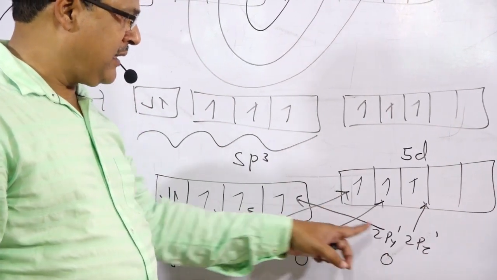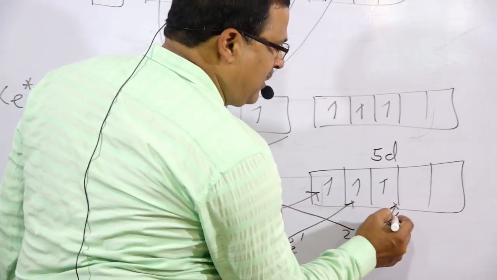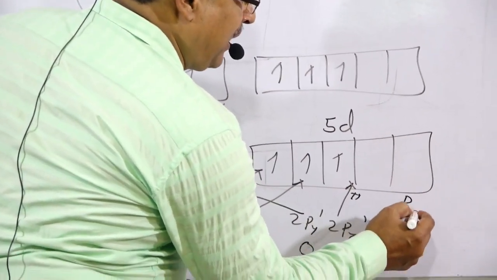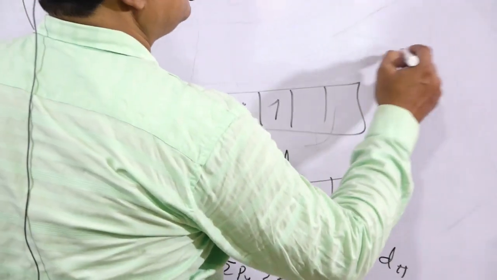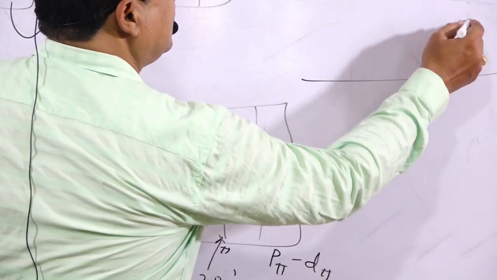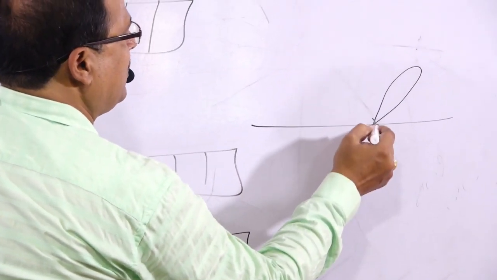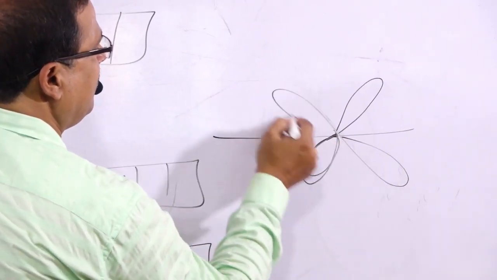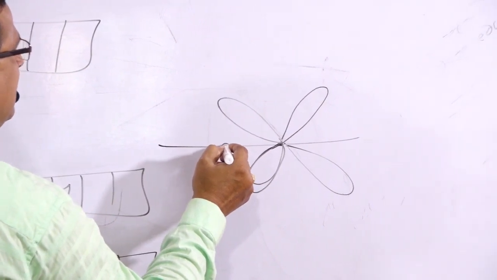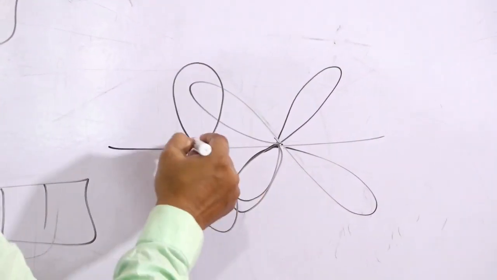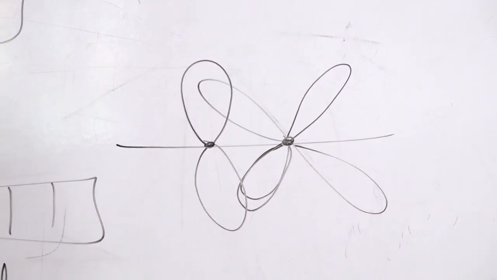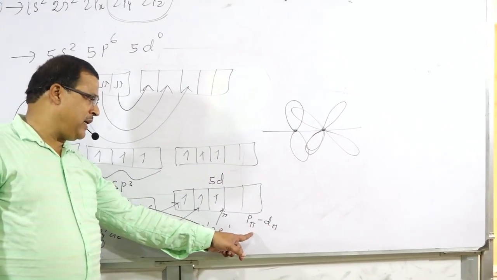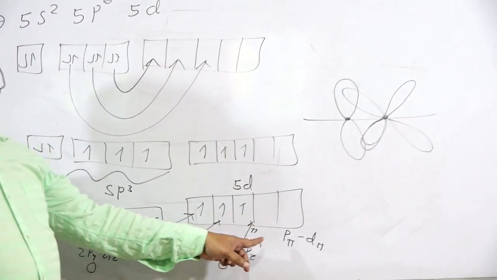This is your sigma, this is the pi bond, and this pi bond is known as p pi d pi bond. You know that the d orbital is double dumbbell and the p orbital is dumbbell. So that is the p pi d pi bond. Very, very important question, that is p pi d pi bonding.